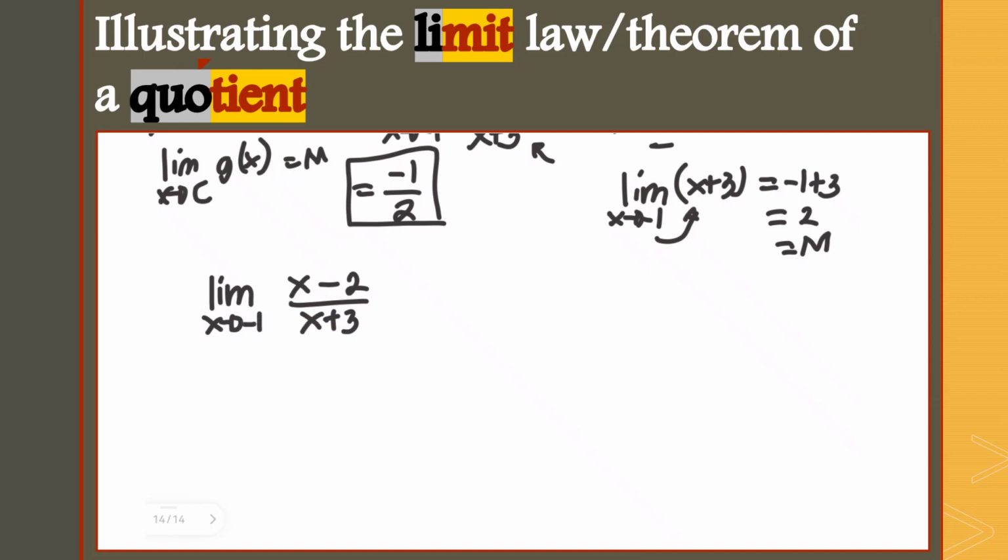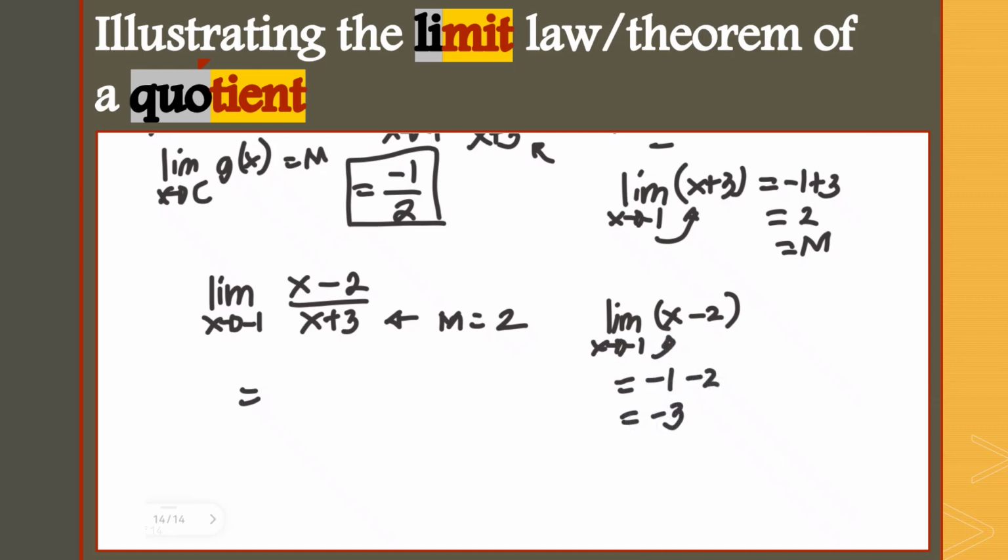We already have the limit for the denominator, which is M equal to 2. To solve for the limit of the entire expression, we simply need to solve for the limit of the numerator, another linear function, x minus 2, as x approaches -1. By direct substitution, -1 minus 2 gives -3. So the limit of this entire function is the ratio, let's say this is N, of N over M, and that is -3 over 2.